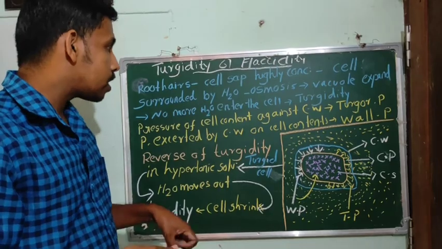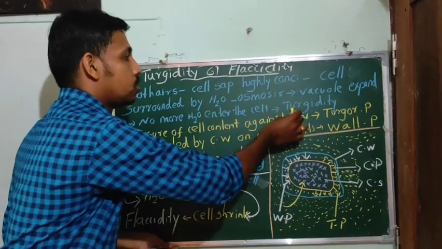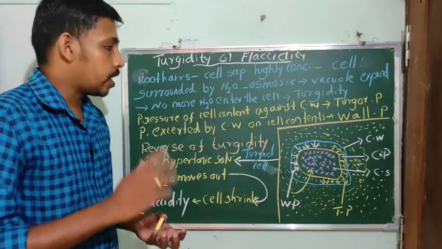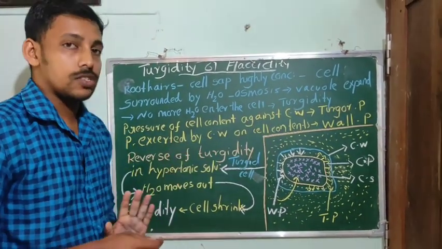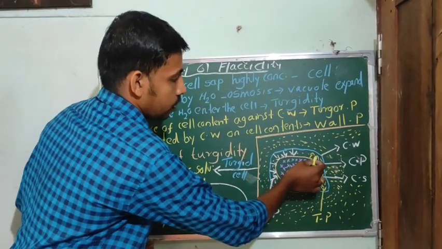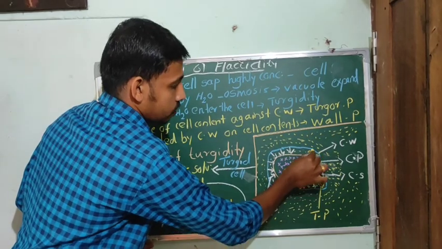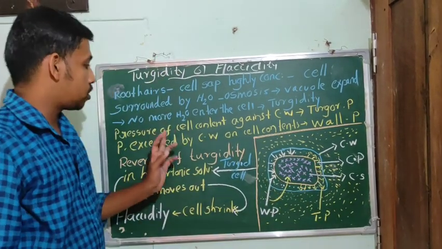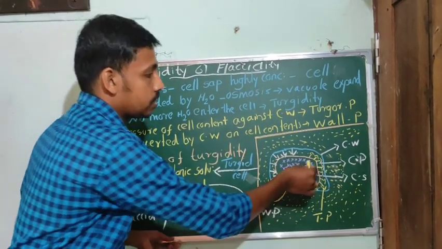And this condition is known as turgidity. Here, the pressure of the cell content against the cell wall is known as the turgor pressure.